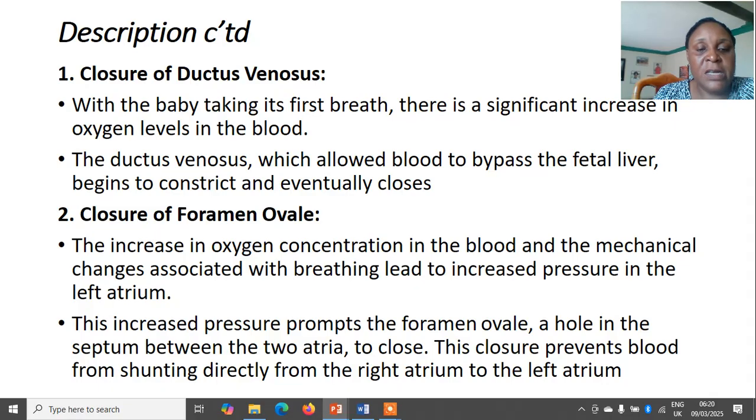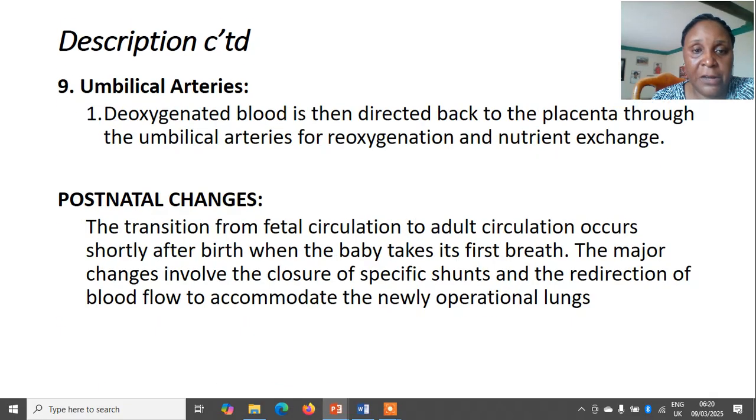The increase in oxygen concentration in the blood and the mechanical changes associated with breathing lead to an increase in pressure in the left atrium. This increase in pressure prompts the foramen ovale, a hole in the septum between the two atria, to close. This closure prevents blood from shunting directly from the right atrium to the left atrium.